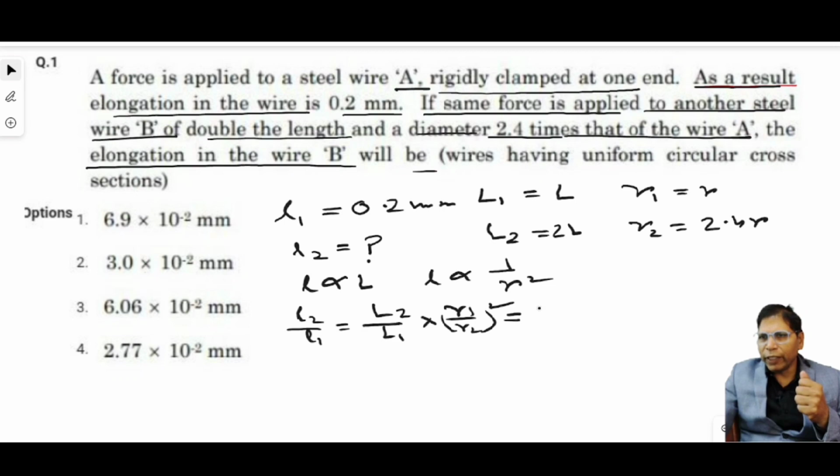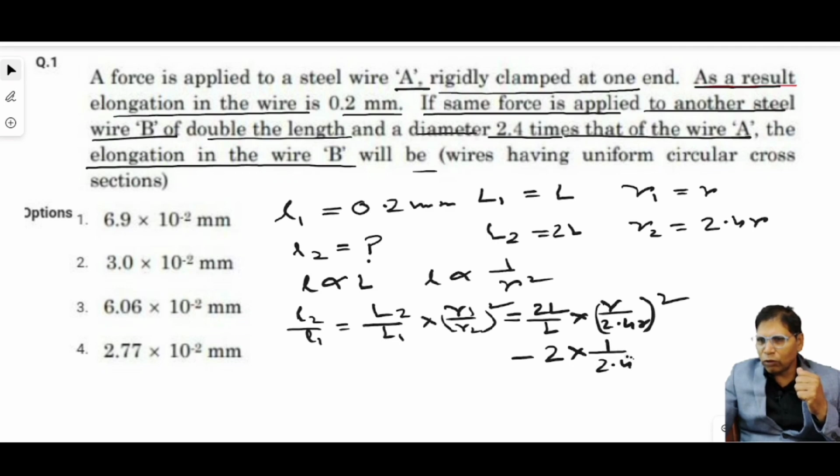Now this can be written as 2L by L into R by 2.4 R whole square. Now this is 2 into 1 by 2.4 whole square. Therefore L2 equals L1, 0.2 millimeter, into 2 divided by 2.4 into 2.4.